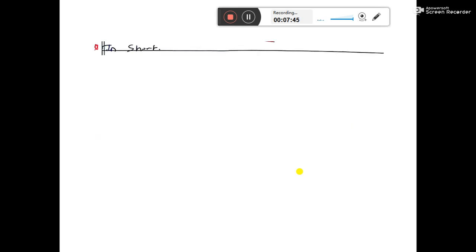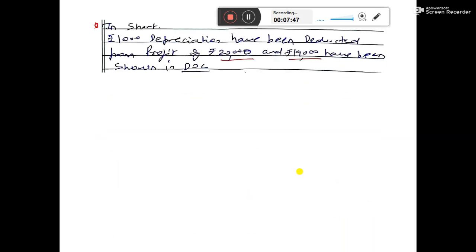So in short, different treatment has to be given. 1,000 depreciation has to be deducted from the profit of rupees 20,000, and 19,000 has to be shown at the date of consolidation. That is, as on 31st December 2017, profit is being shown in the profit and loss account of the subsidiary as 20,000, but 1,000 depreciation has not been charged.